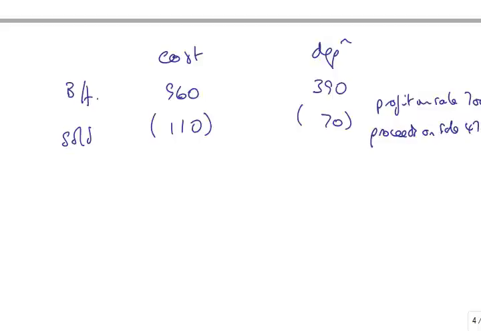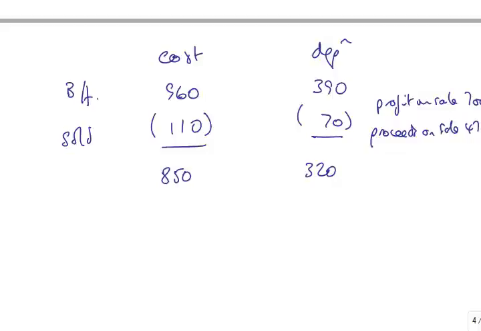And that means that I started and I still have 850 assets, and they have accumulated depreciation of 320. So the assets that I started with and I still own are those, 850, depreciation 320. But some of these assets I've revalued.